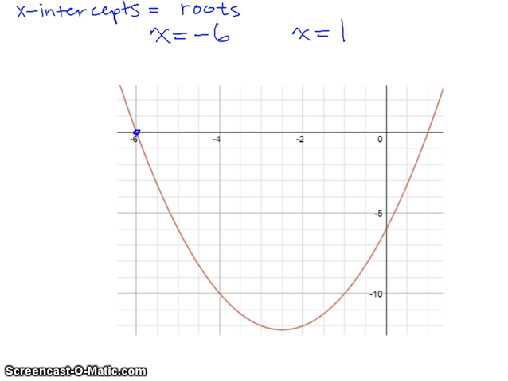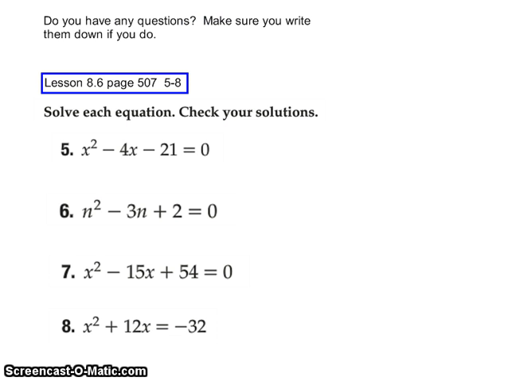So notice this is the point negative 6, 0, and this is the point 1, 0. So our x term is negative 6, our y term is 0. Our x term is 1, and our y term is 0.